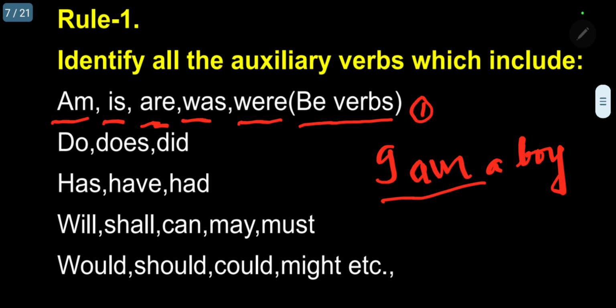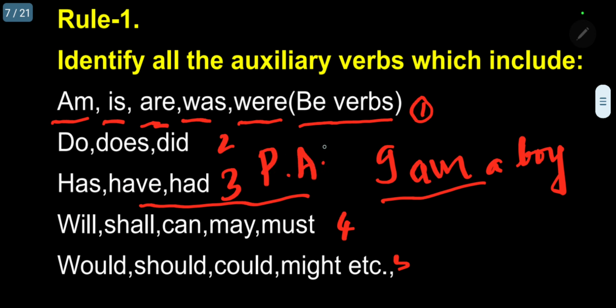Here is the interesting information for the primary auxiliary that I have to give you. I told you there are five types. Among the five types, the first three types are called primary auxiliary verbs.